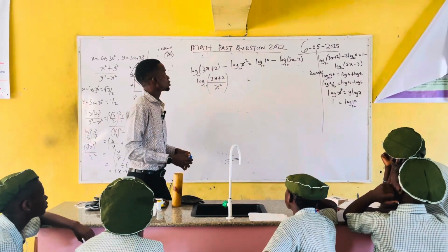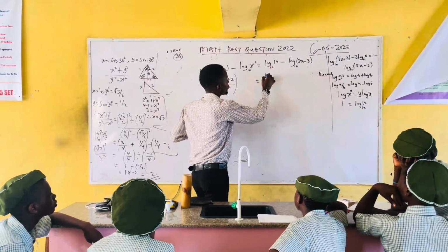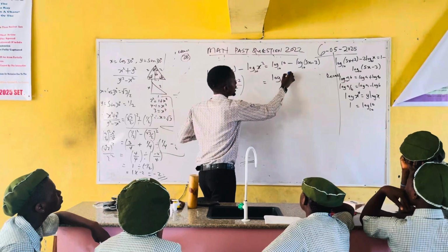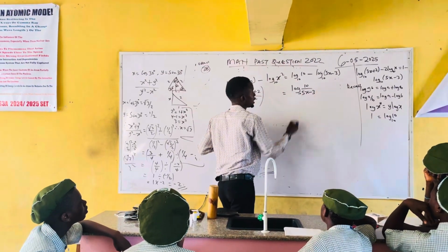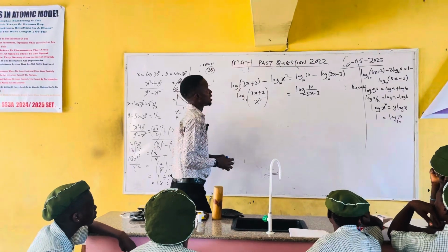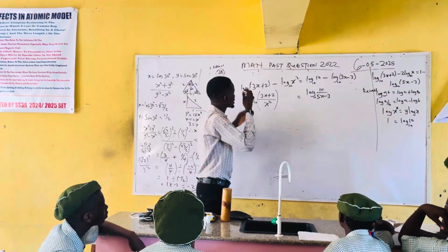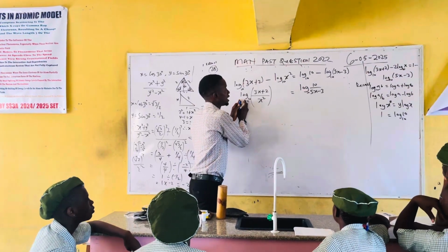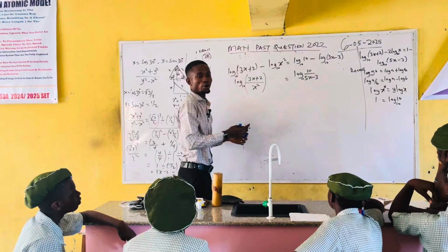Now, using that law again to combine, we have log 10 over (5x minus 3) to base 10. Since this log 10 is equal to this log 10, therefore the numbers are also equal.